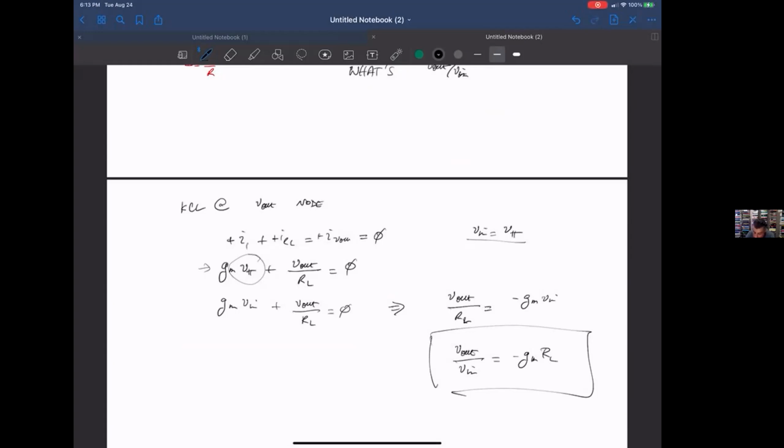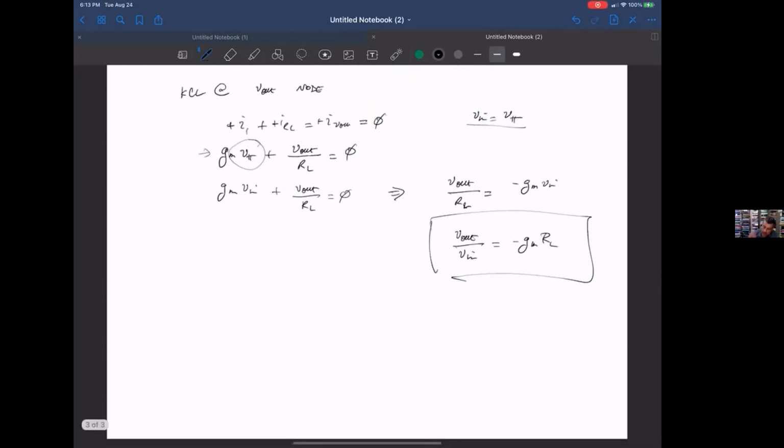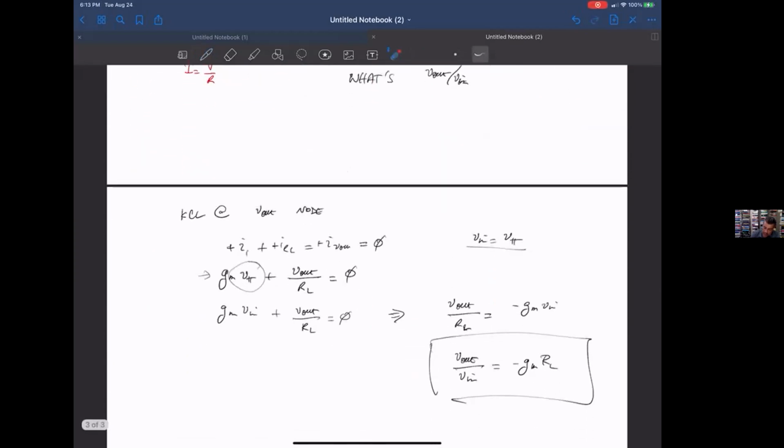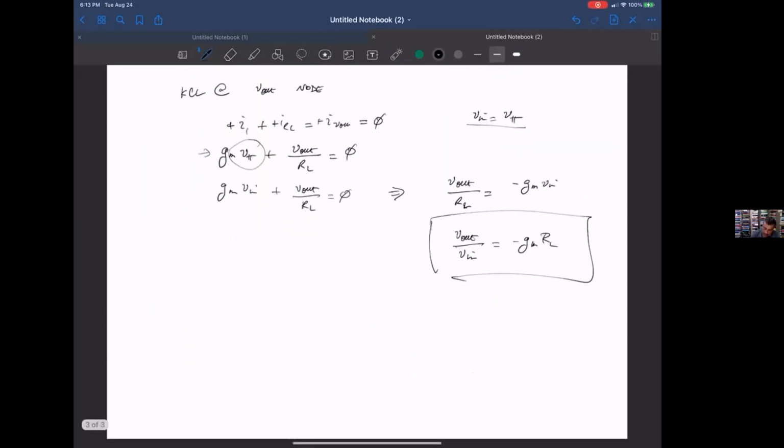Okay, and one thing, again, we'll talk about this later in the transistor section, but this ratio of output voltage. So let's say if I was going to look at this thing as a black box where I had an input voltage and then I had an output voltage.